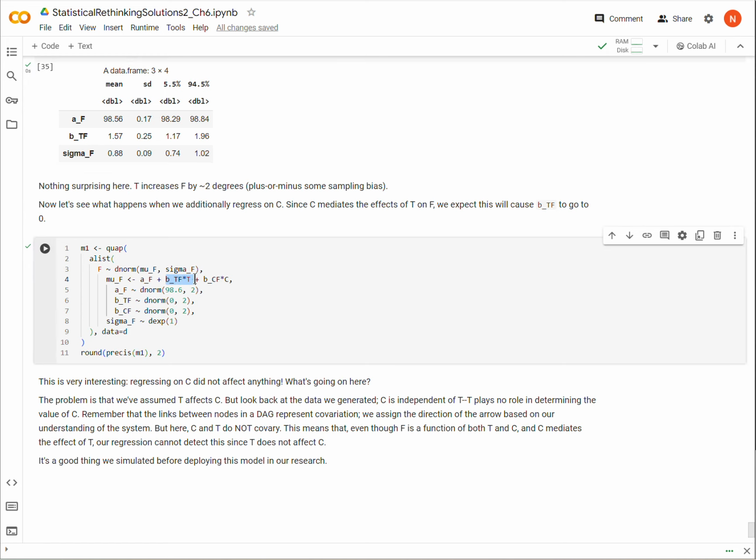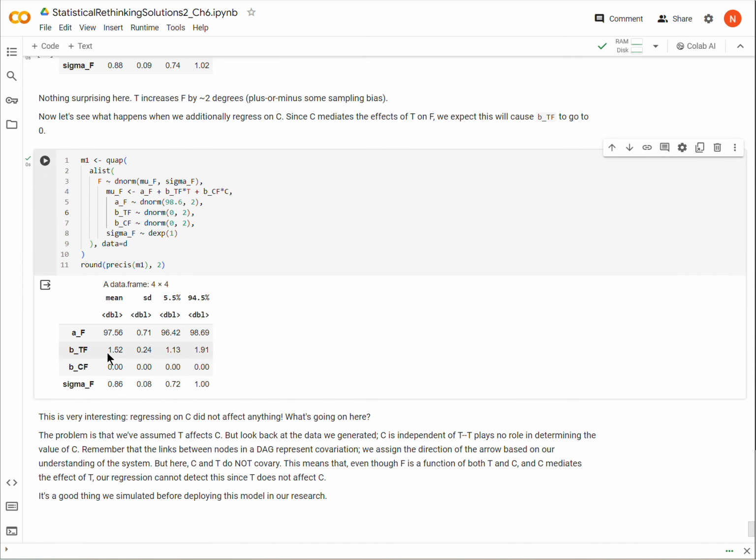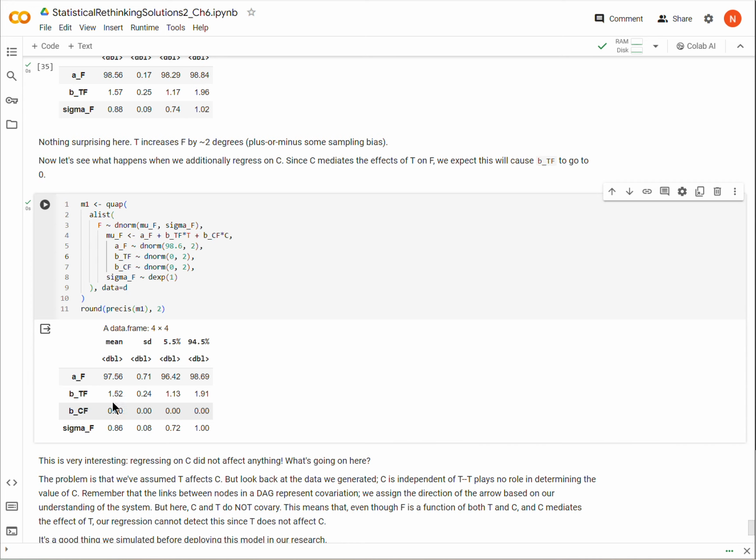We have T and C now being regressed. And what do we see? We see nothing different, or basically nothing different. And in fact, we see that the effect of C on F is 0.